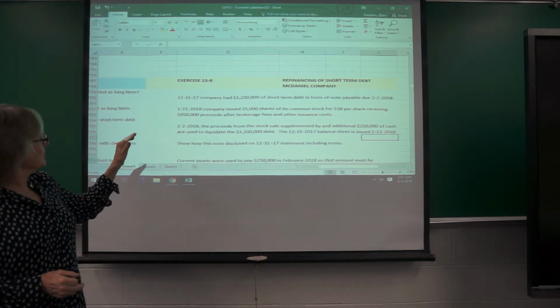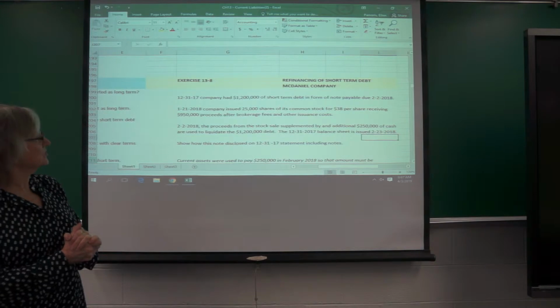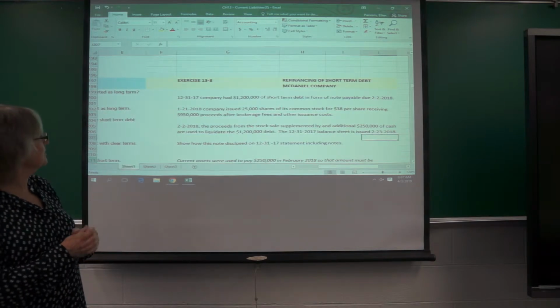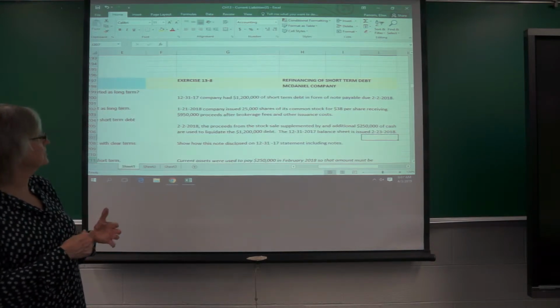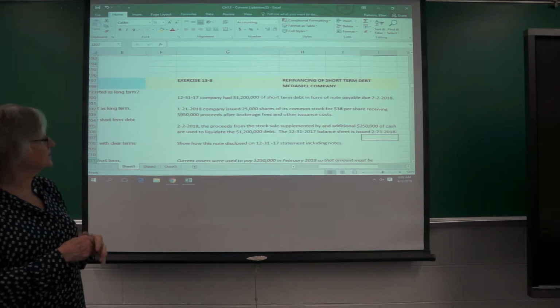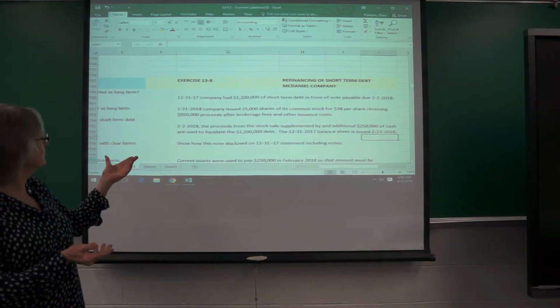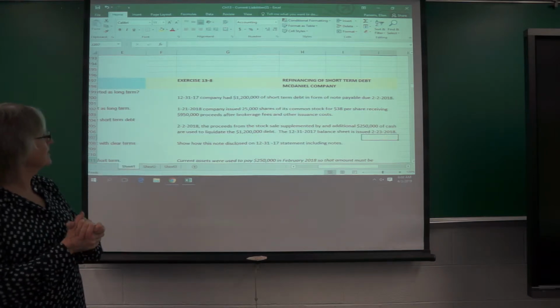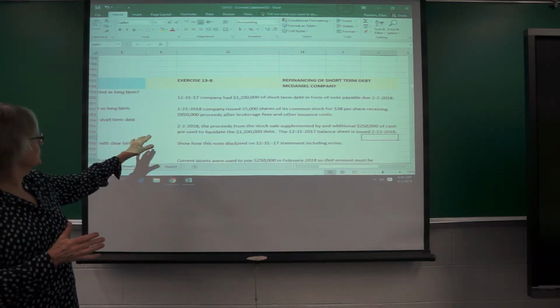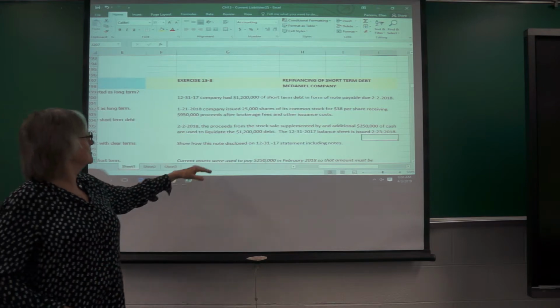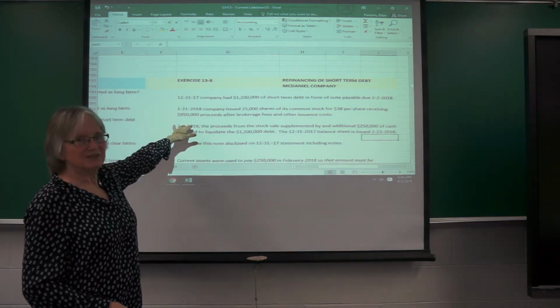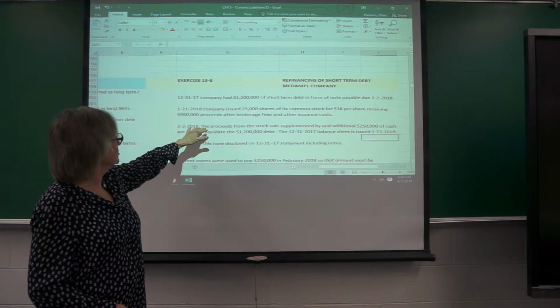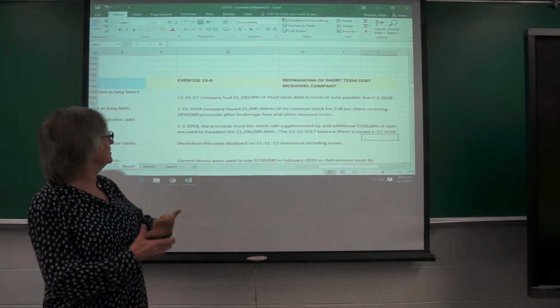In January, the company issues 25,000 shares of common stock and gets $950 in proceeds after brokerage fees, and uses that to pay off that note in February. So the note due in February has been paid off using $950 of the proceeds of the sale of common stock and $250 cash.